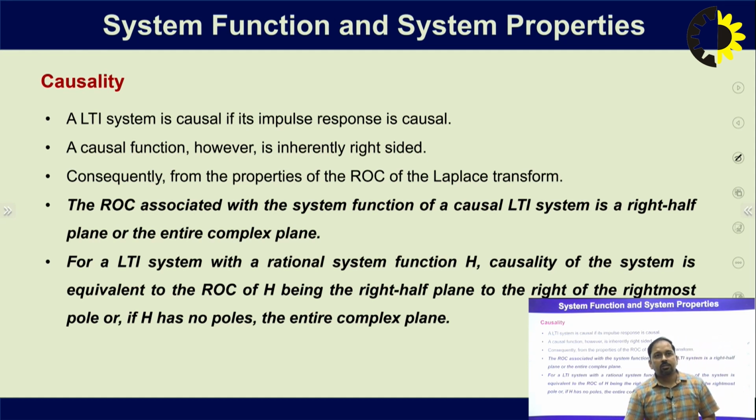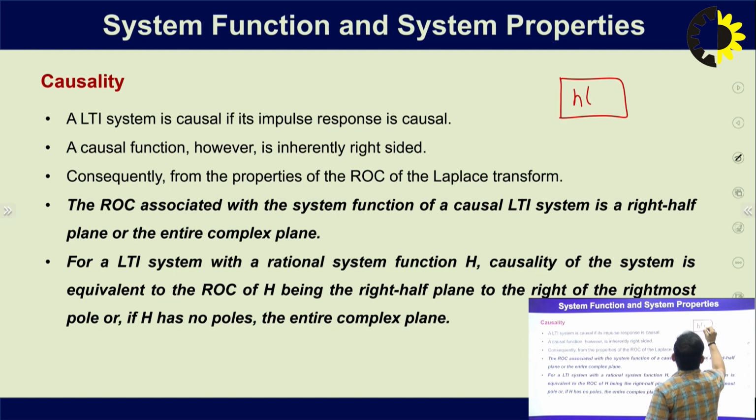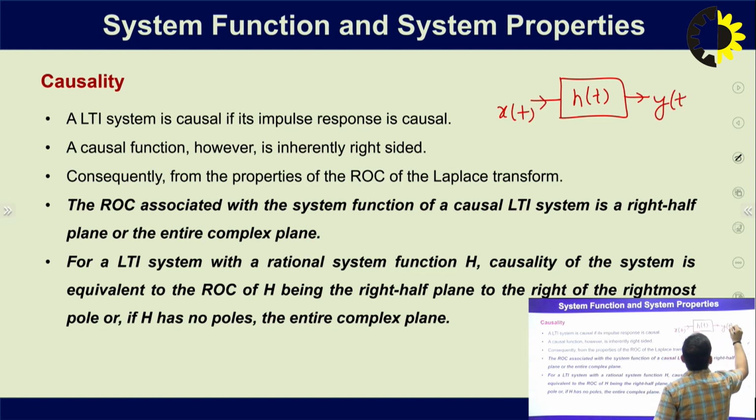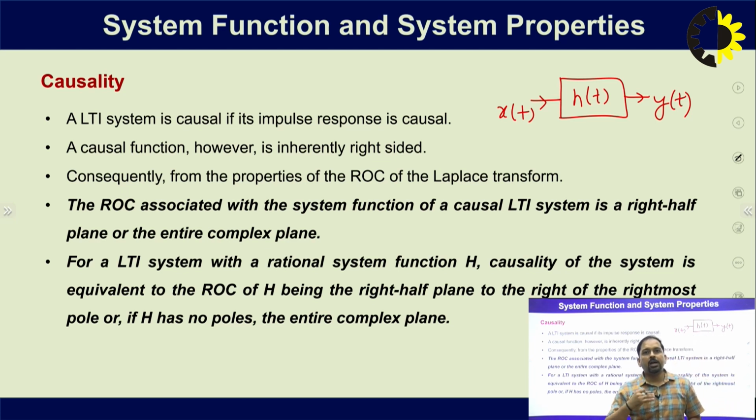Now, the system function and system properties. We are talking about an LTI system. We must remember that h of t is the impulse response of the system, x of t is the input, and y of t is the output. Let us recall causality. For LTI systems, we said that if the present output depends on present and past values of input, then the system is said to be causal.